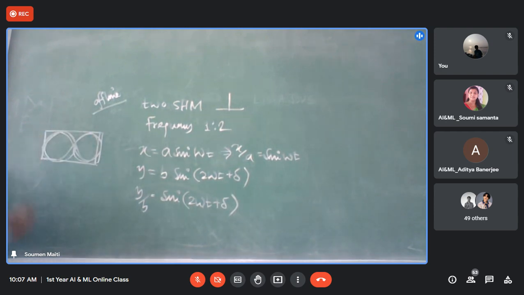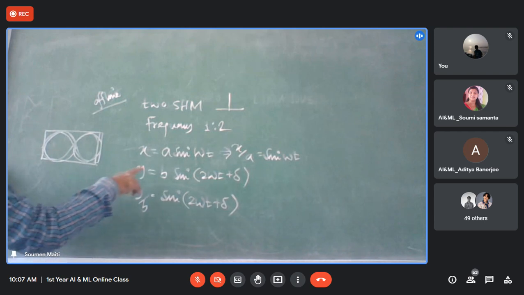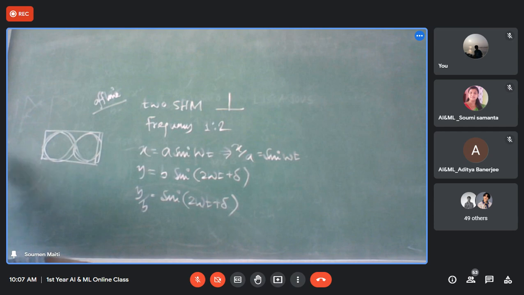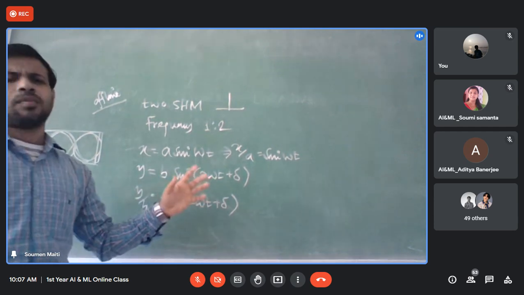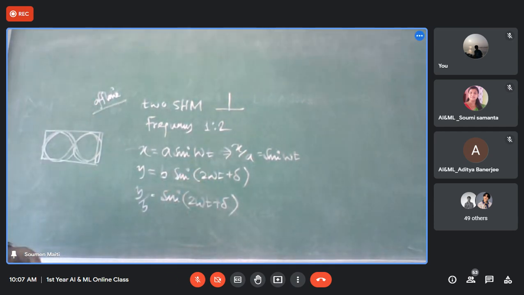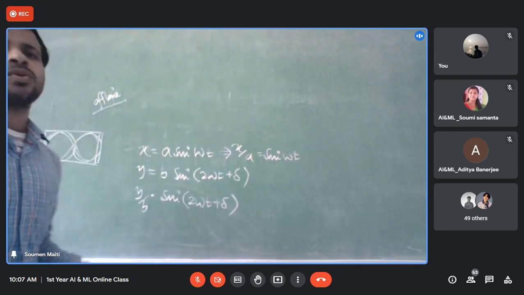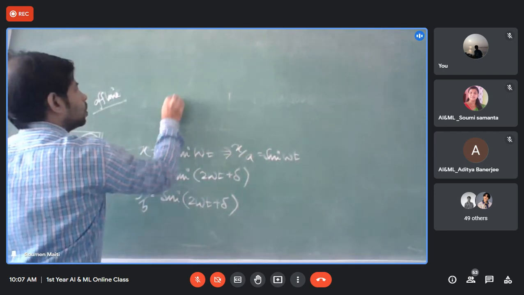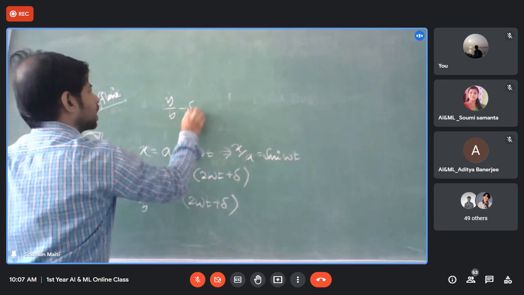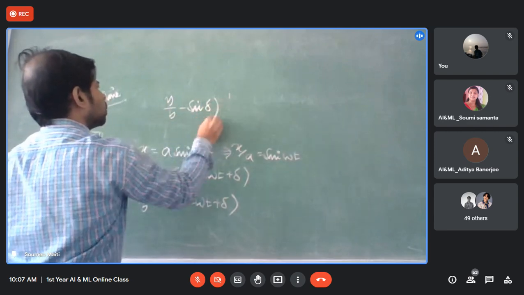As far as I can remember, if you calculate the resultant, you can calculate it, otherwise I will give it to you. Maybe you can do this as a home task. The resultant will be like this: y by b equals sin delta. It will be more or less the same.